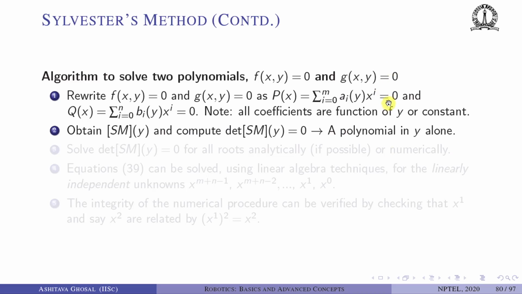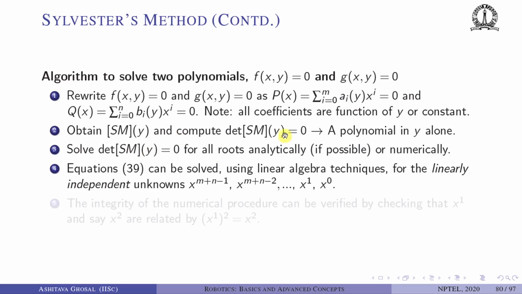In these two steps we have eliminated x. That is why it is called the theory of elimination. So we solve the determinant of Sm of y equal to 0, if possible analytically or numerically. As I discussed in the last lecture, if it is up to quartic, then we can solve analytically. Otherwise, you have to do it numerically.